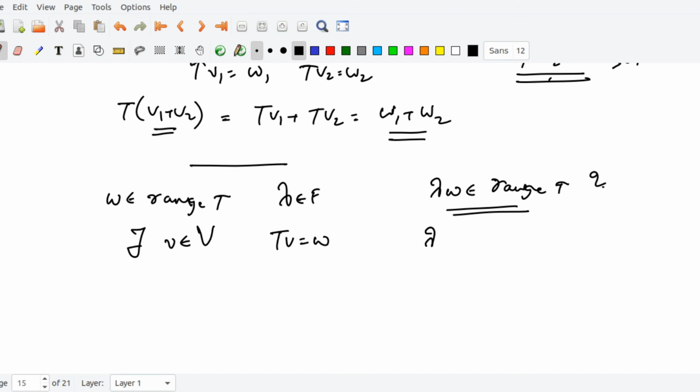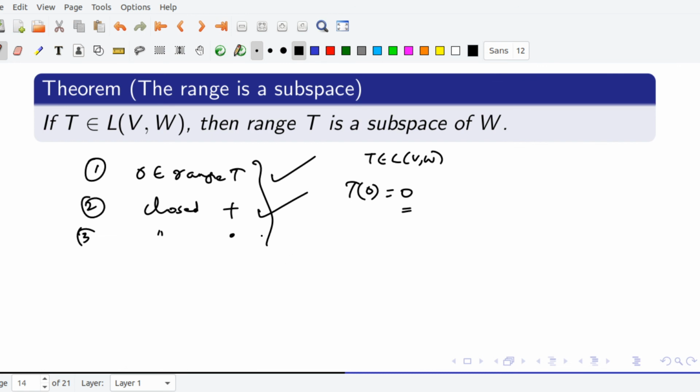Hence, lambda V always belongs to capital V. Compute the T image of this lambda V. Since T is a linear map, this will equal lambda times T V. T V is equal to W. So we get T of lambda V equal to lambda W. Hence, corresponding to lambda W, there exists an element lambda V in capital V such that T of lambda V equal to lambda W. So clearly, lambda W is an element of the range set, which means the range set is closed under scalar multiplication. So the third criterion is verified.